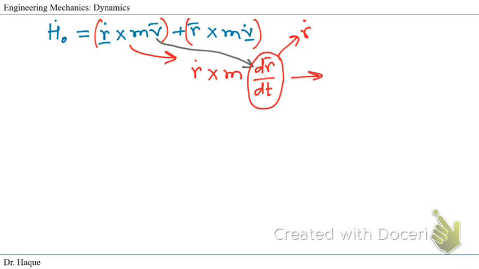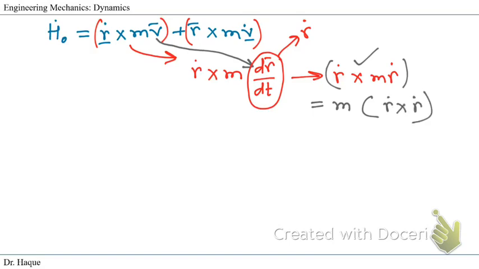This term can again be written as r dot cross product m r dot. Since m is constant, we can take the m out, so we can write this term with m constant, we take the constant out, and the cross product of r dot with r dot.